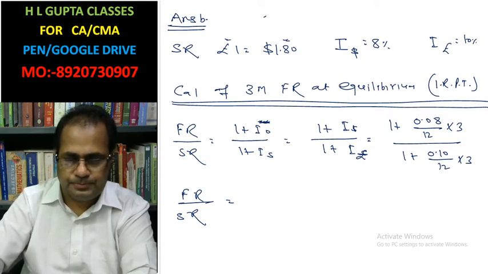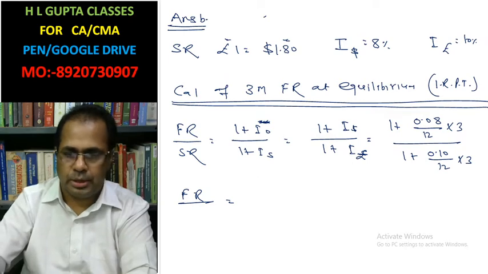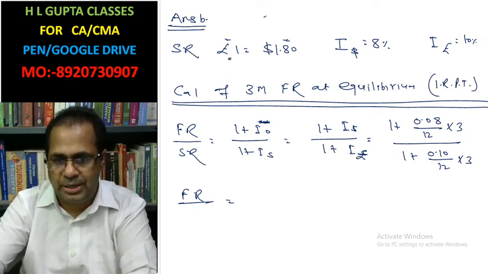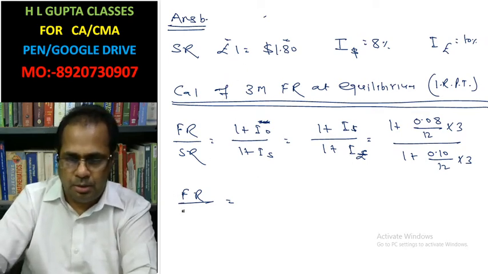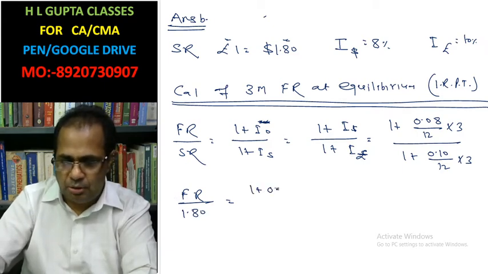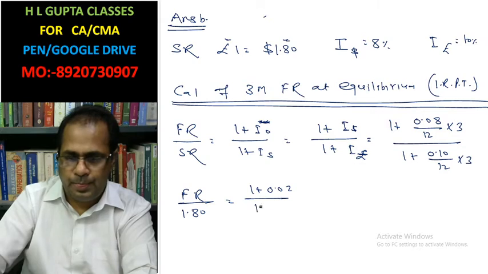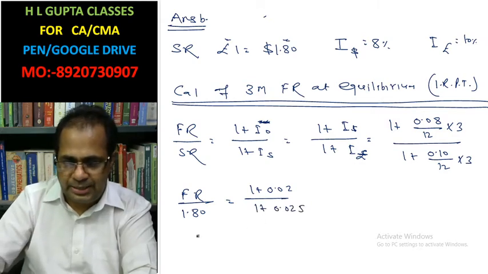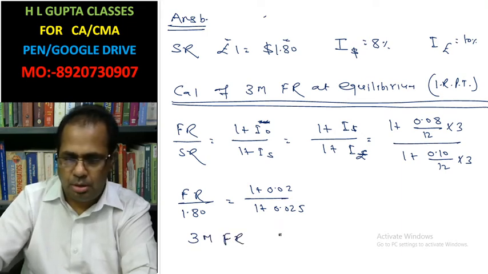Look at it, the spot rate is 1.80. 1.80 times 1.02 over 1.025, that is the 3-month forward rate.